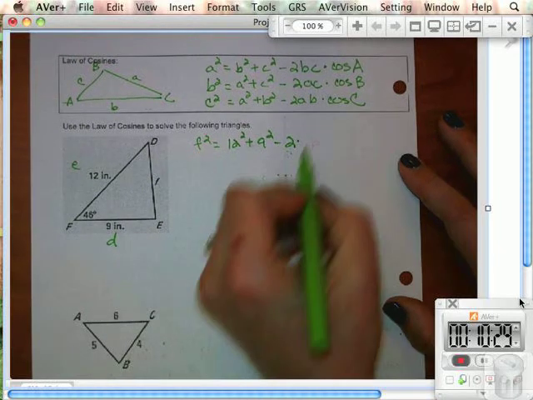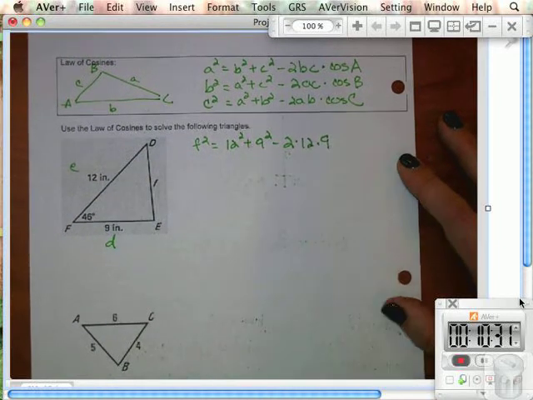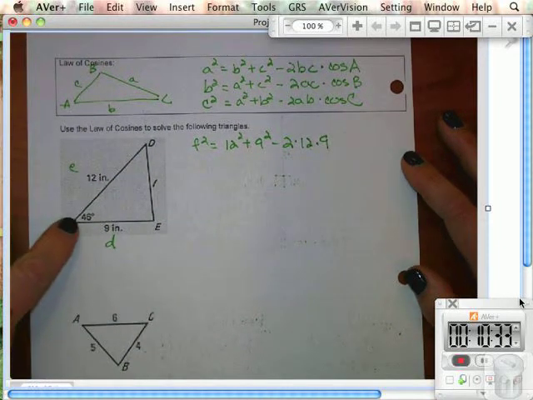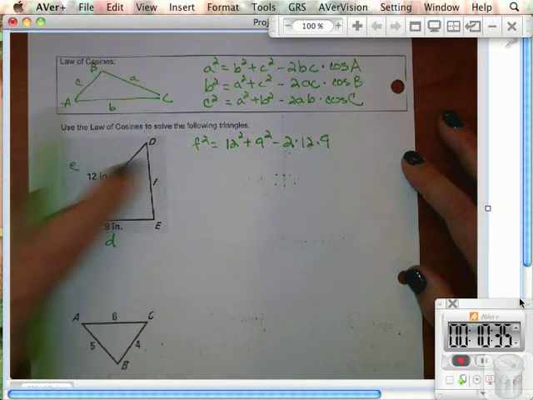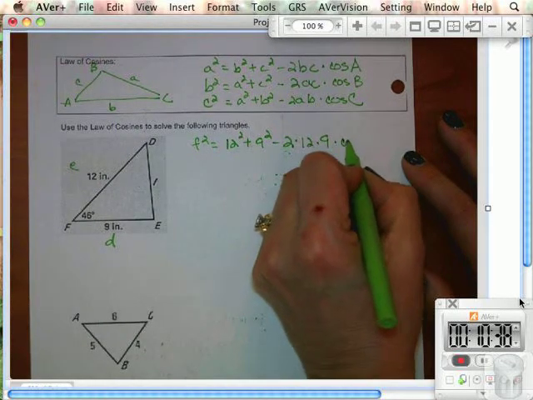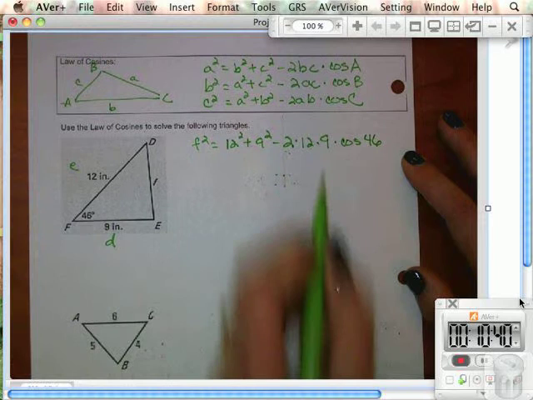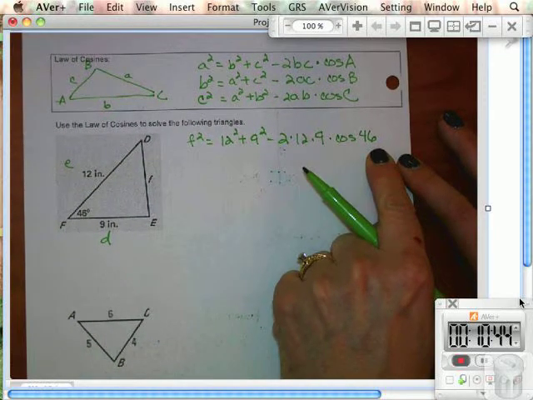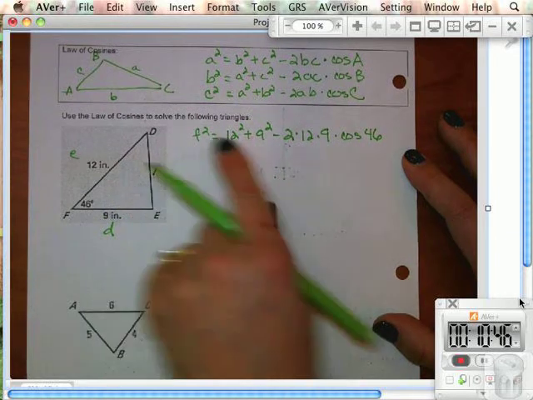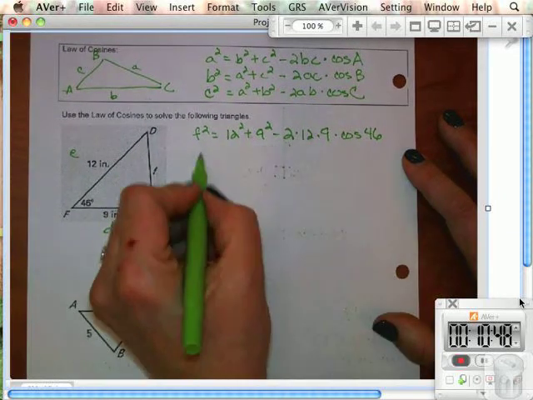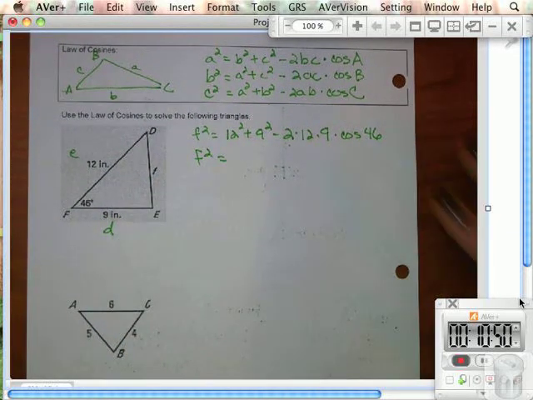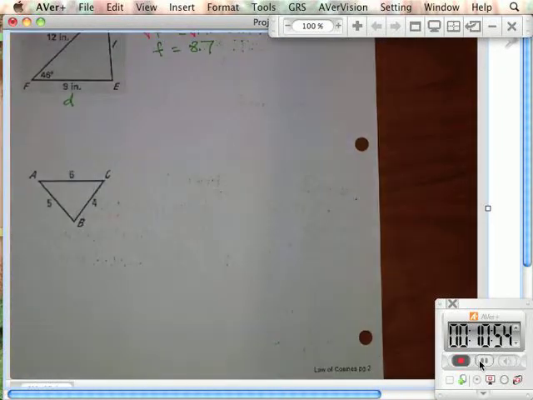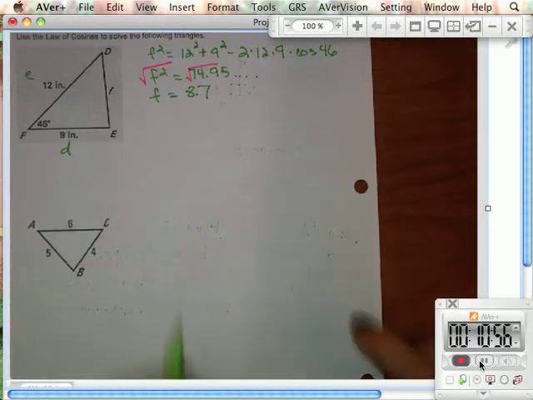Times 12 times 9 times the cosine of the angle opposite the side you're finding. Okay, this is just a calculation you can put on your calculator. So I want everybody to get a calculator and see what you get for this. 8.7. Are we good? We should use squigglies, shouldn't we?